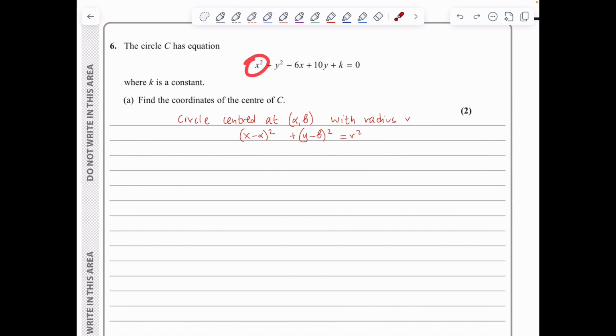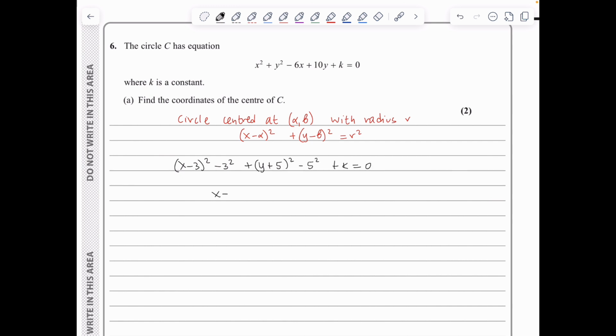So we've got x squared minus 6x, which I can complete the square as (x minus 3) squared minus 3 squared. We then have the y squared plus 10y, so we've got (y plus 5) squared minus 5 squared plus k is equal to 0.